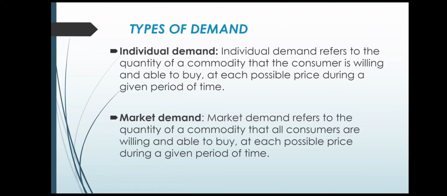Now second type of demand is market demand. Market demand refers to the quantity of a commodity that all the consumers are willing and able to buy at each possible price during a given period of time.